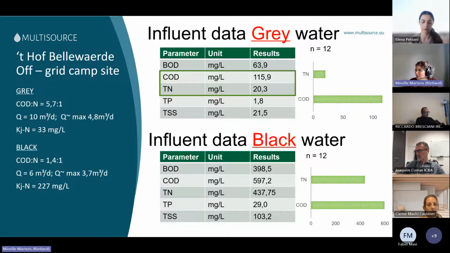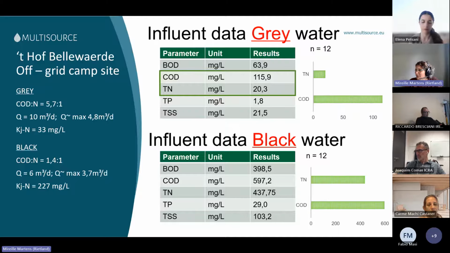So you would assume that the denitrification in the gray water would be higher than in the black water. It's also good to have a look at the BOD, which is the available carbon for the microorganisms. That's also quite high for the black water. It's almost 400 milligrams, which is also good to know.